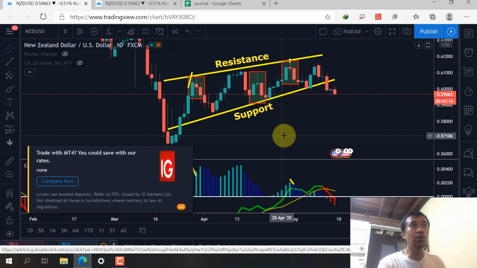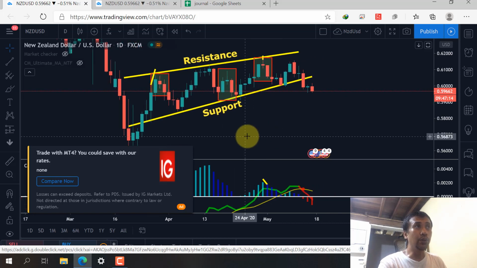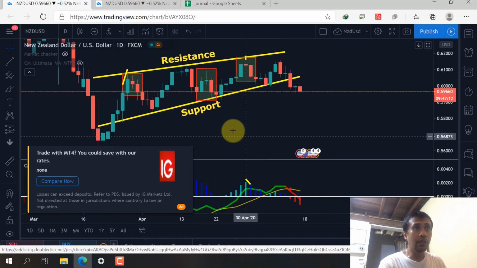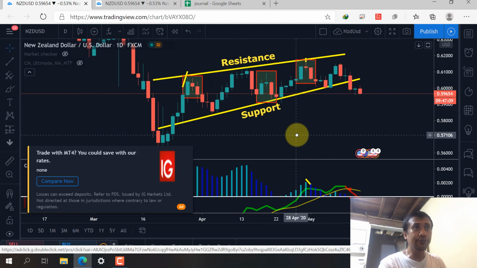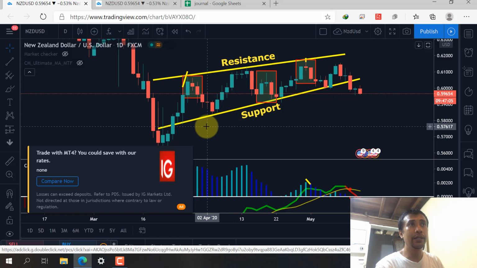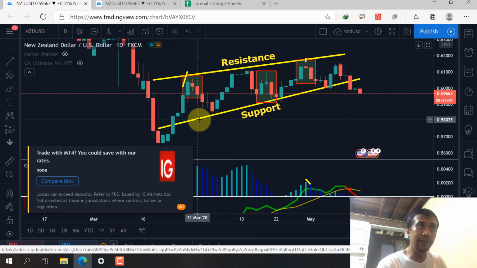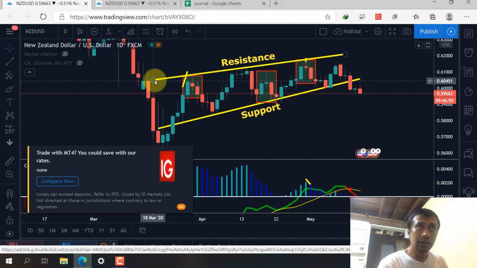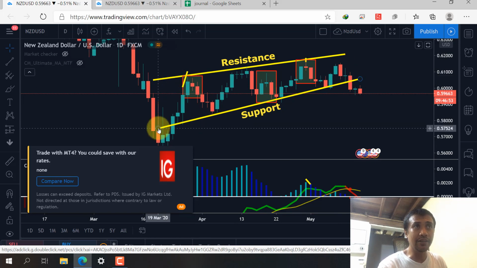To spot the head and shoulders, all we need to do is you have to know first the support and resistance on the 1 day time frame. As you can see on the screen, I have already spotted the head and shoulders. This is the support and that's the resistance.